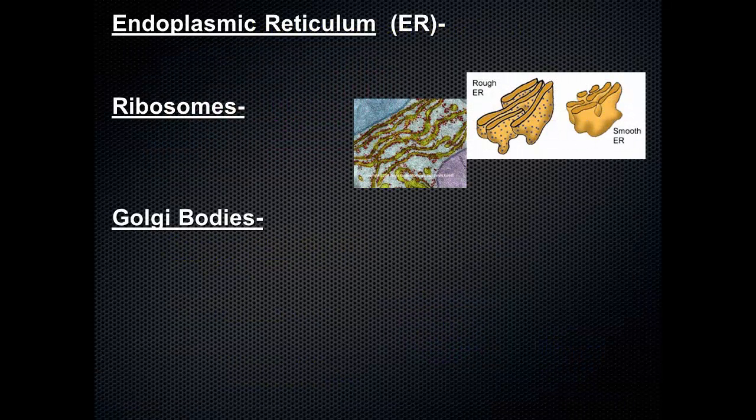Okay, our last slide here, a few more organelles to talk about. The endoplasmic reticulum, it's a mouthful, but we often abbreviate it ER. It's a series of tubes that are usually situated right near the nucleus.